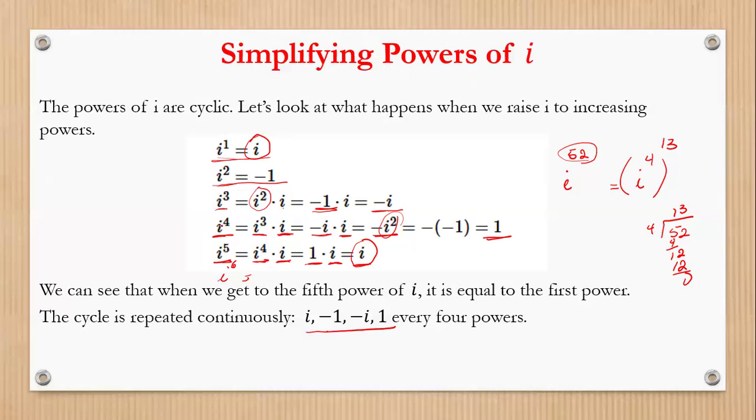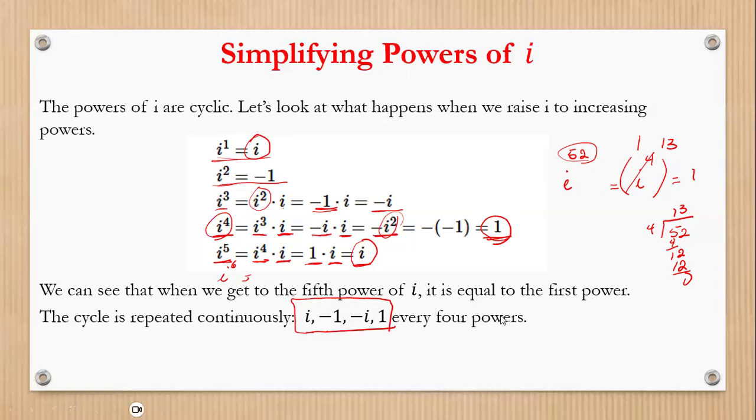And I know i to the 4th is always equal to 1, and 1 to any power is just 1. So I know that i to the 52 power is 1 again. So you must get one of these numbers for every power of i. As you see, we have a cycle.